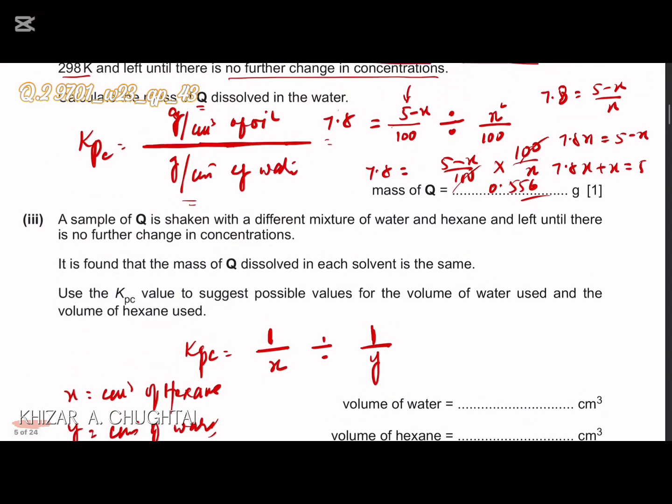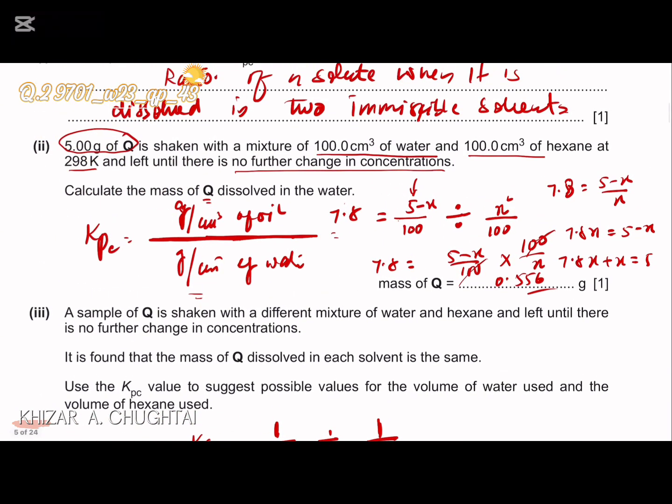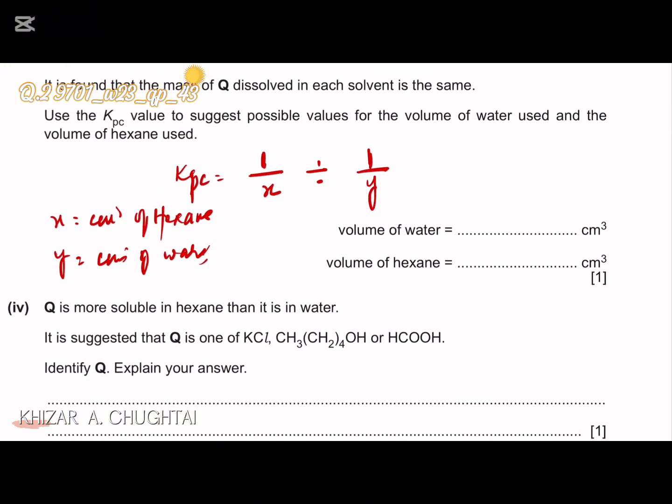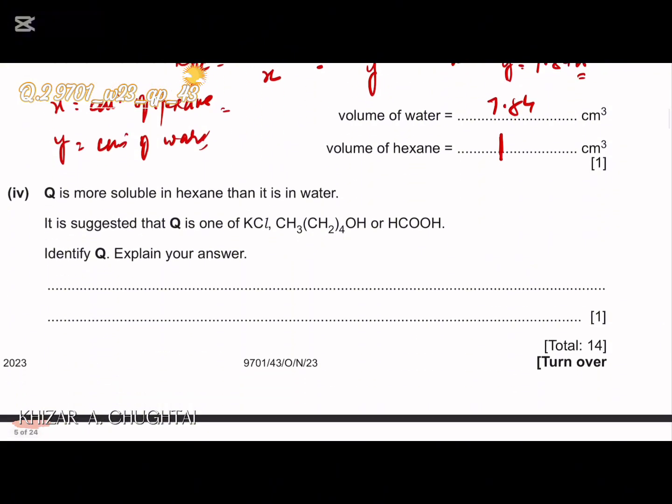So what will be this answer? I can write Y over X is equal to 7.84. So Y is equal to 7.84X. If X is equal to 1, then Y will be equal to 7.84 centimeter cube.